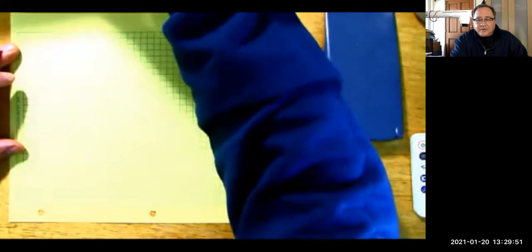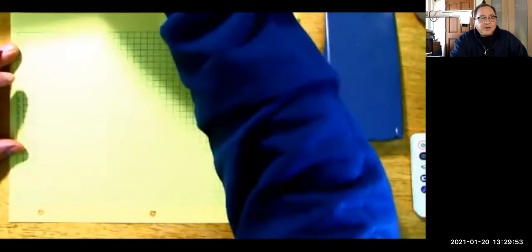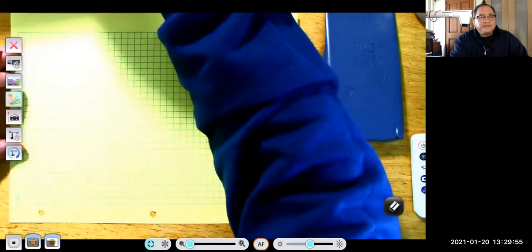Why is this so hard for me to do? Okay, so we're going to put 1 over the amount here. That's the heading of that table.